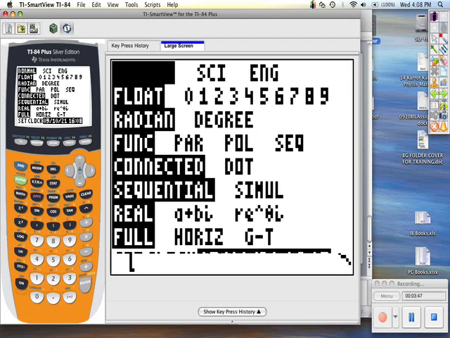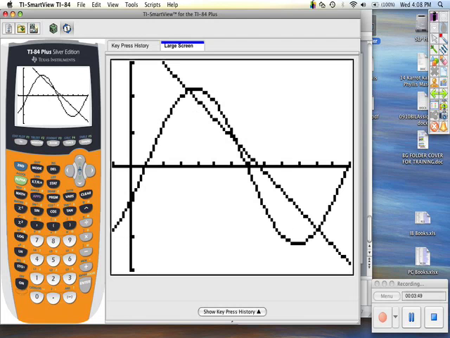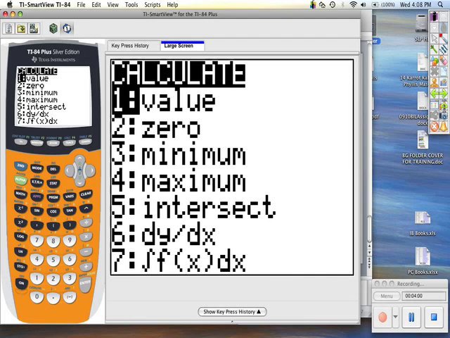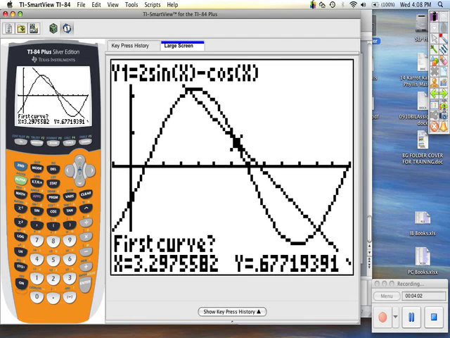And I can see from this graph that there are 3 solutions, 3 intersection points to these equations. And I can calculate what these are. I'm going to hit second, trace. Choice 5 is intersect. And if I want this middle one, I select my first curve, it says y1. Second curve is y2.